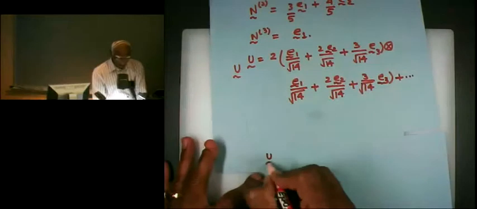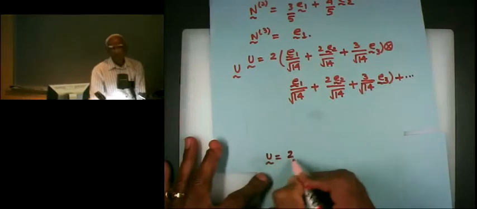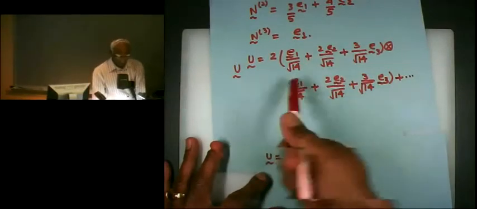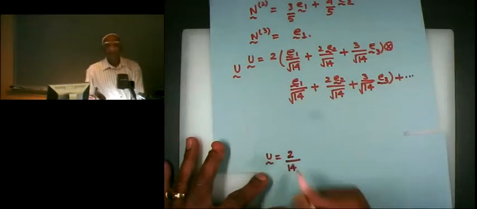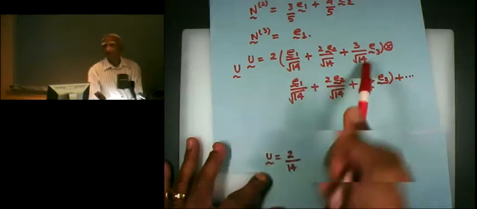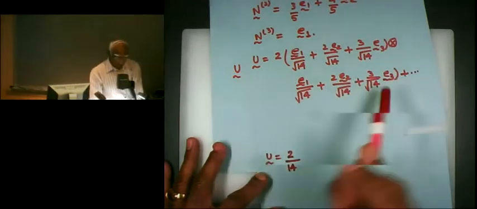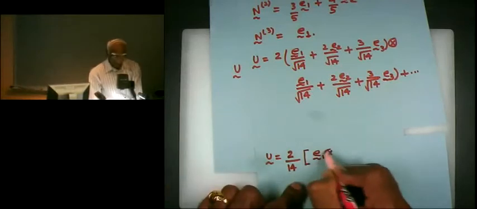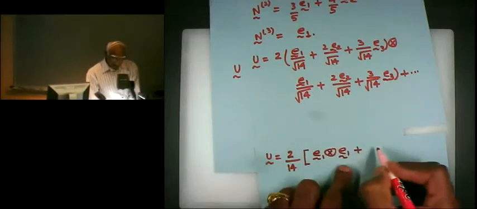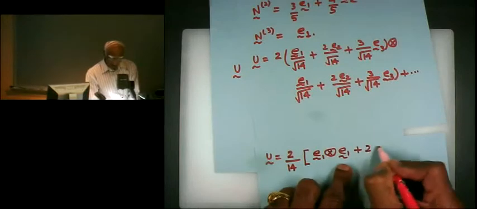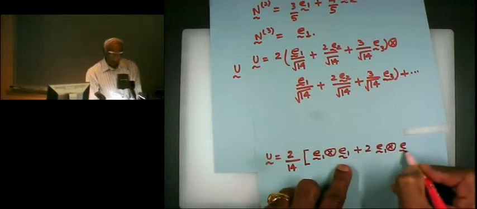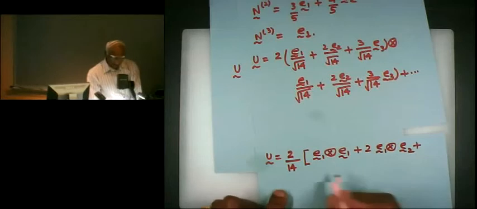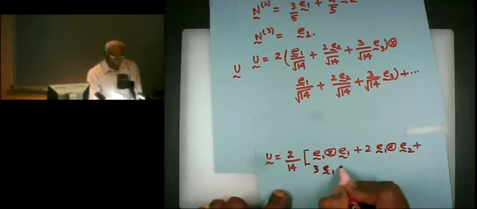So U is then 2, and square root of 14 is everywhere, so that basically brings 14 outside, because square root of 14 is in these terms. So what we are left with is E1 tensor product E1 plus twice E1 tensor product E2 plus 3 times E1 tensor product E3.